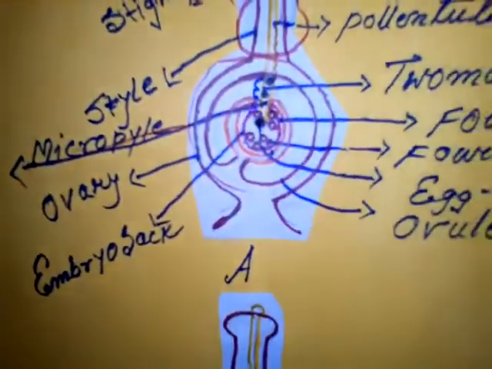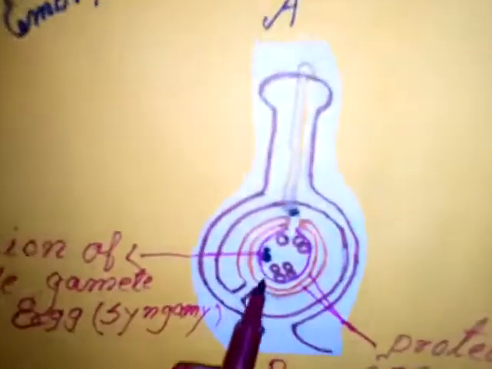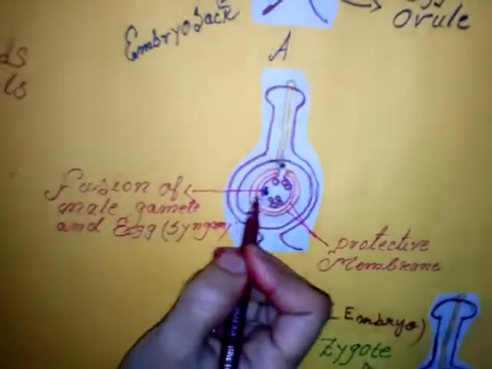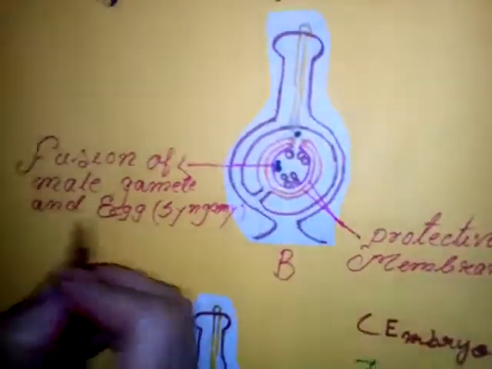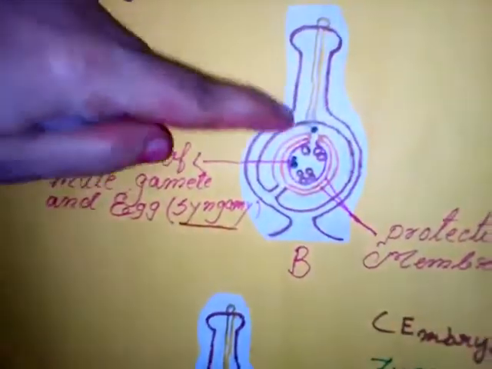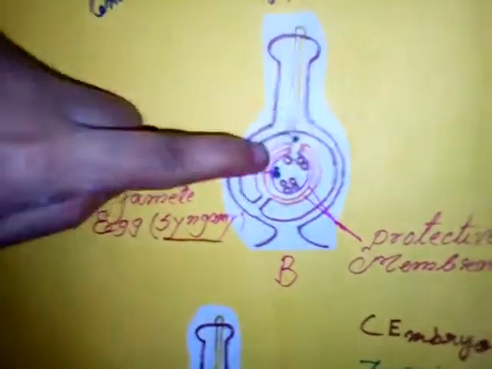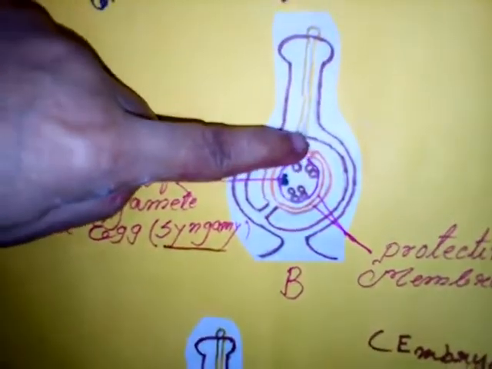After that what happens? One of the male gametes fuses with the female gamete or egg and this is known as syngamy. Whereas what happens with the other male gamete?